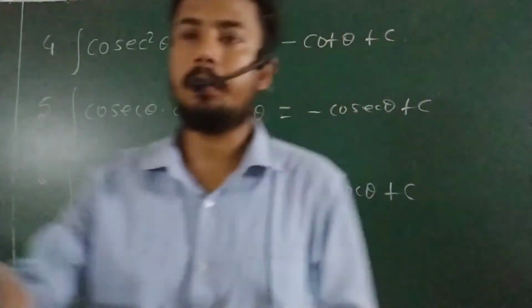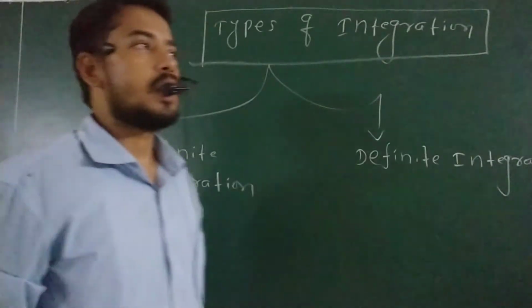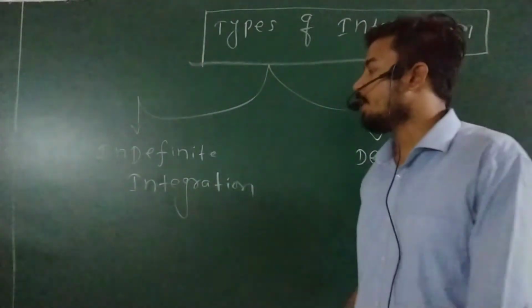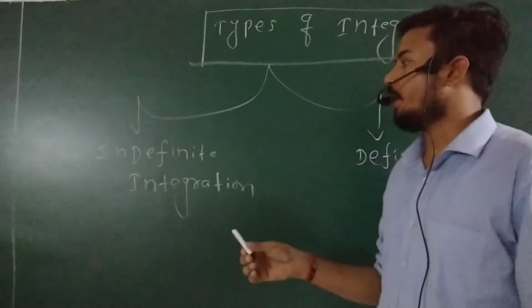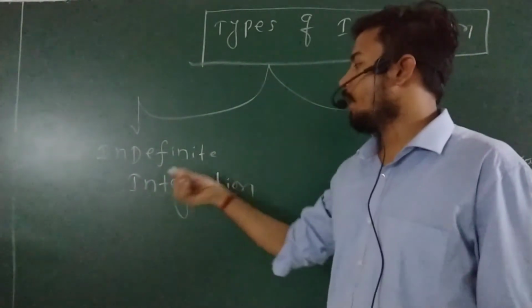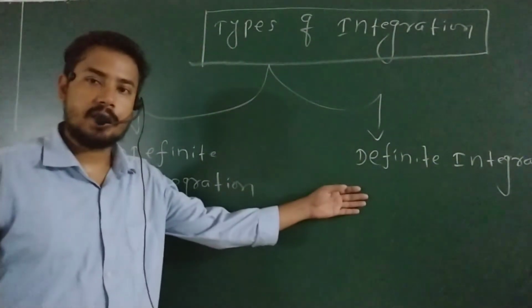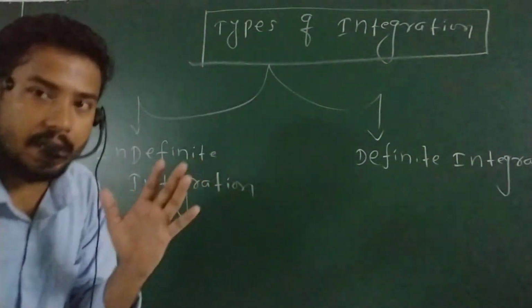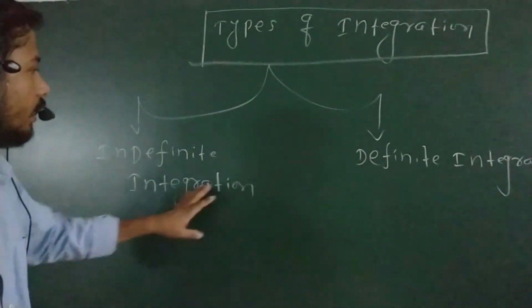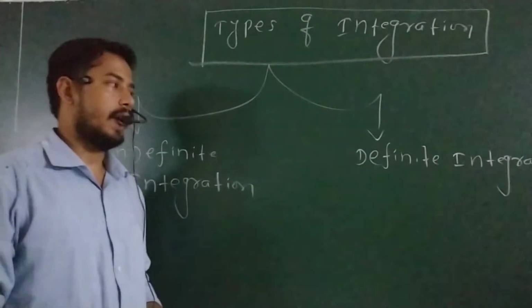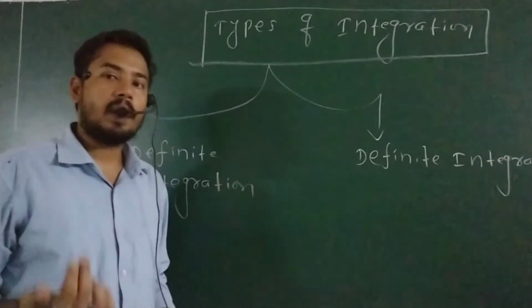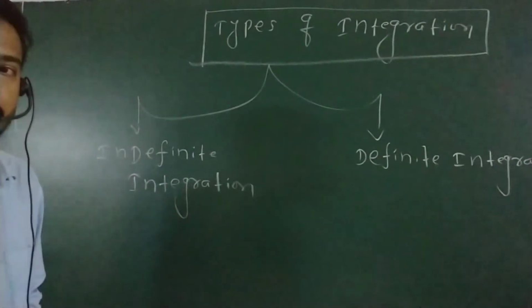So just see here. We have two kinds of integration. One is called indefinite integration and another is called definite integration. Getting my points? Now we are going to study one by one the meaning of indefinite integration and the meaning of definite integration.